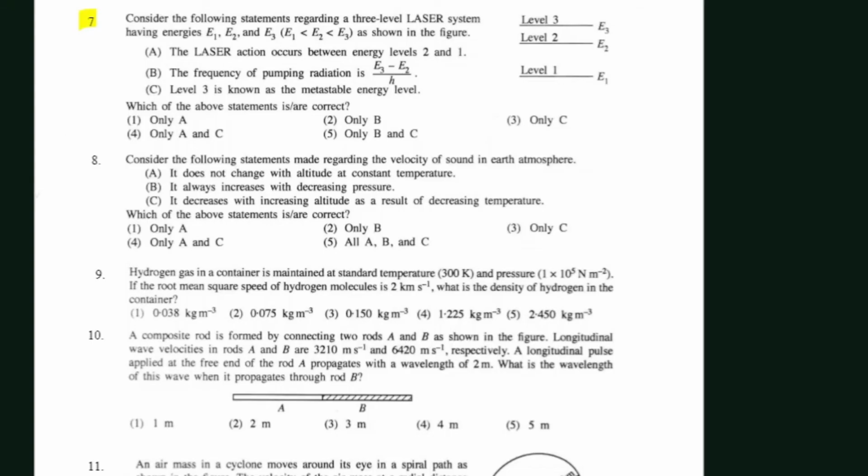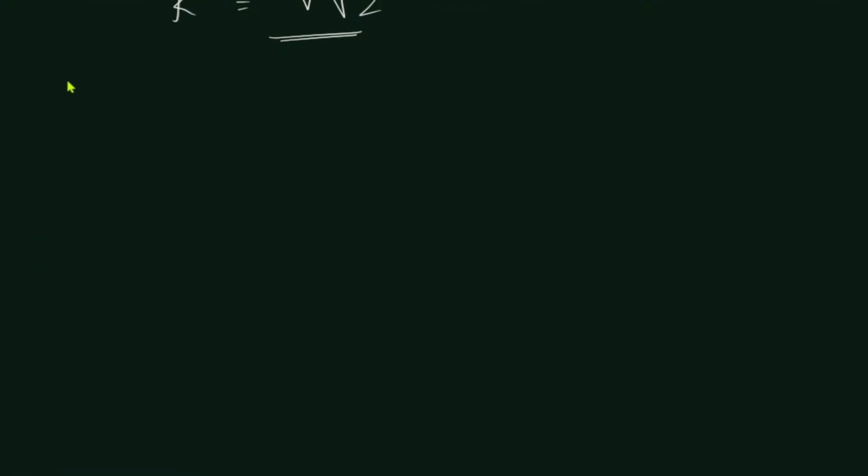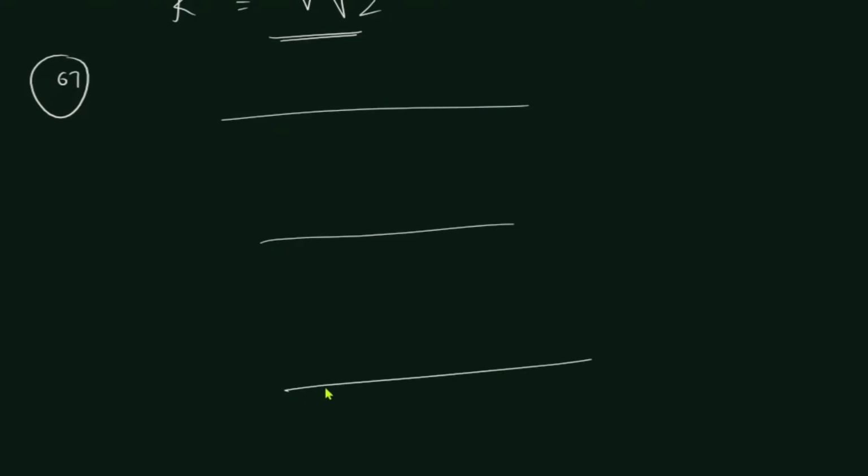So this is the 7th problem. Now let's assume there are 3 energy levels. Usually the electrons are in the ground state. Let us assume this is the ground state, with energy E1, the second is E2, and the energy of this one is the E3 energy level.